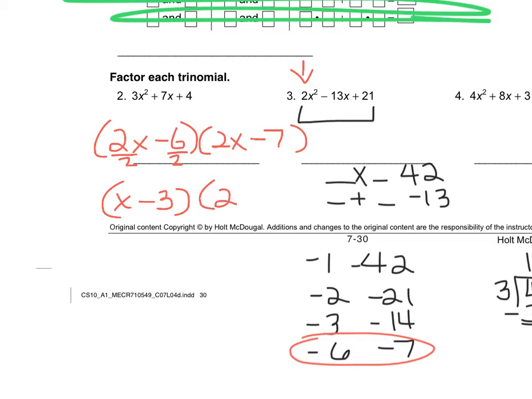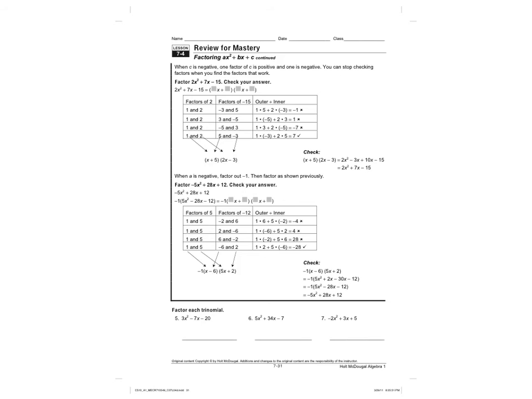And the second binomial cannot be simplified, so I am now finished. Again, at this point, if you have time, go back, FOIL it, make sure it gives you the original question. If not, you've done something incorrectly. That was 7.4. Again, all questions say factor.